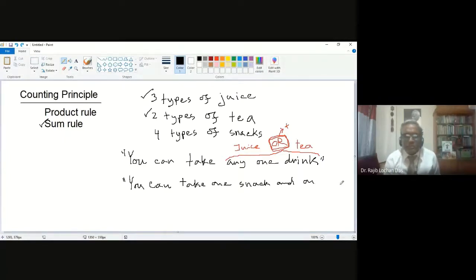Or say one snack and tea, just something like this. Then what will happen in this case? In this case, is it 6 or 8?